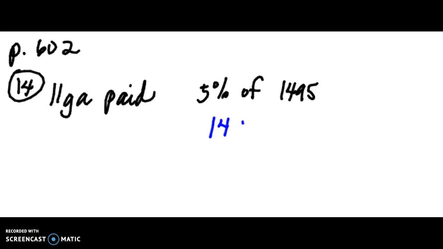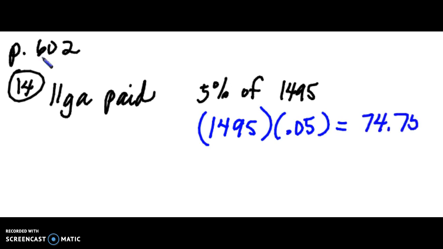So we'll take 1,495 and multiply it by 5%. And we find that Ilga paid $74.75 as a down payment. Then we also know that Ilga paid $64 for 24 months.